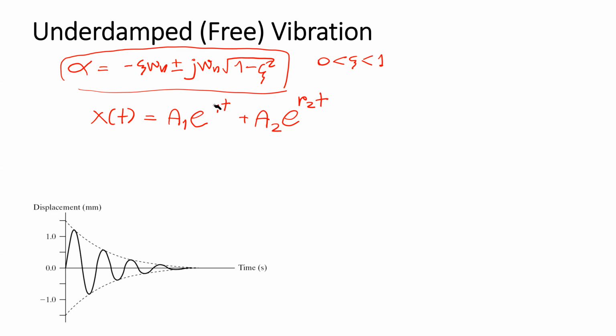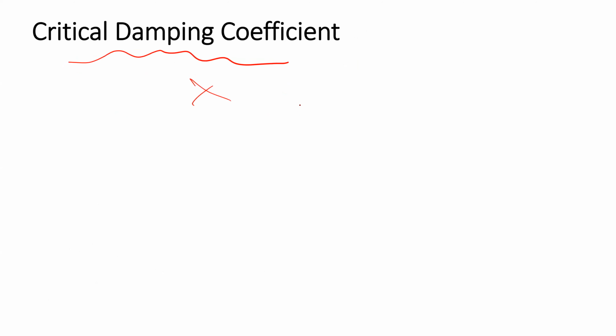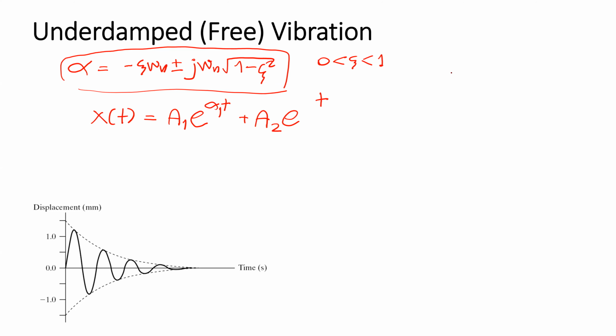To make it the same notation, I should write it like here. The response, or the displacement as a function of time, can be written as a linear combination of two exponential functions.